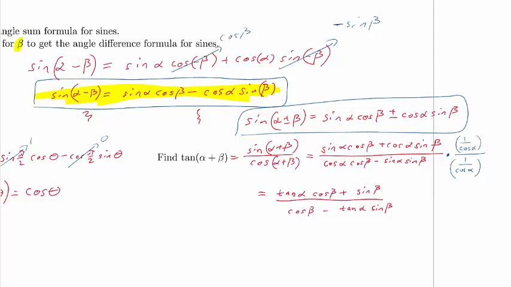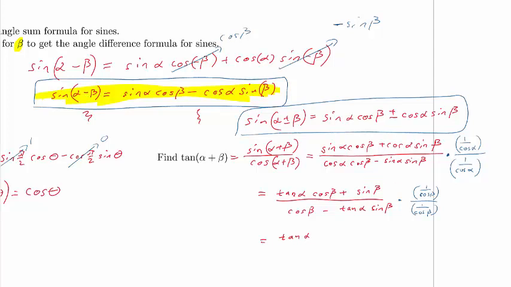So next thing we notice, we've got a bunch of these sine betas hanging around. So we want to turn those into tans. So we multiply every term in the top by cosine beta, and every term in the bottom by cosine beta. Wait, that's dividing. And so first we look at this term, cosine beta divided by cosine beta is 1. So we simply have tan alpha. And then we come to this next term right there.